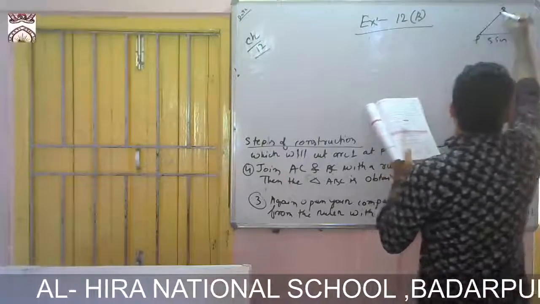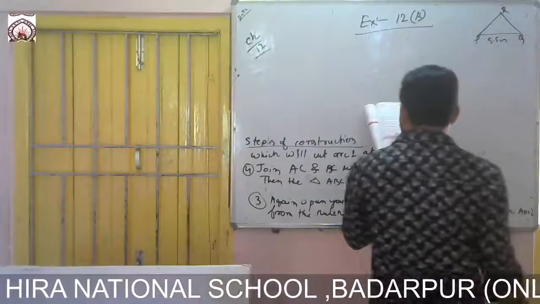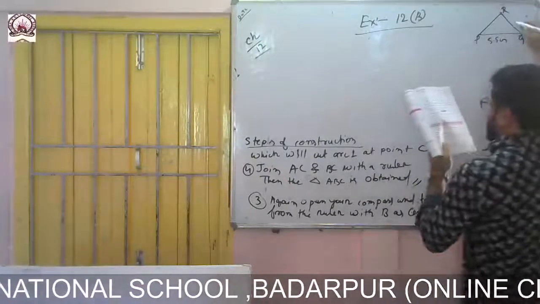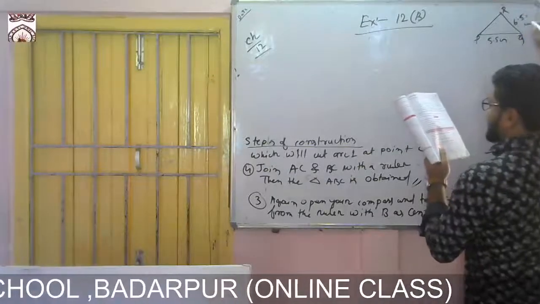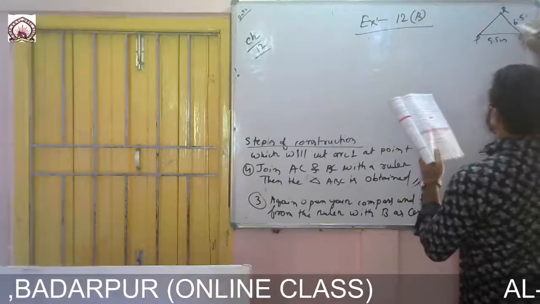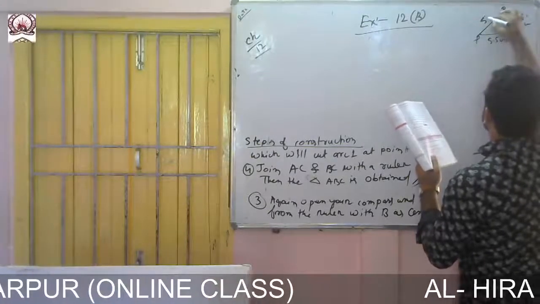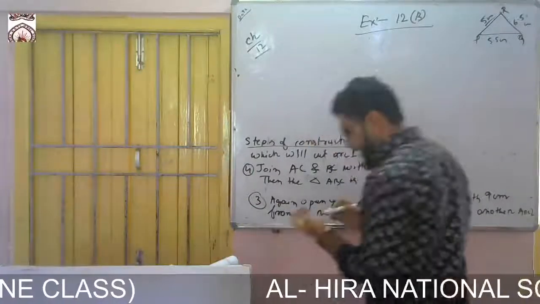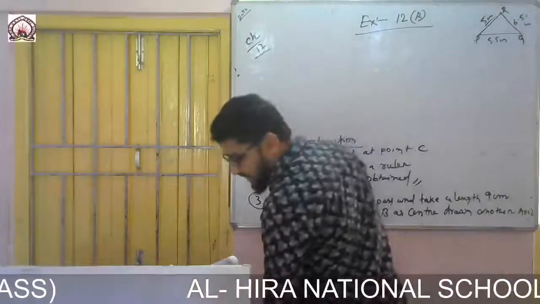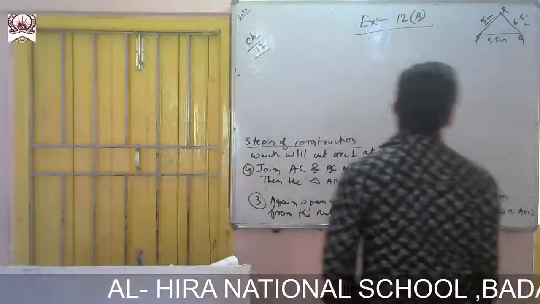We need to draw this triangle. QR is given 6.5, then RP is given 5 centimeter. With this we need to draw the triangle. So 5.5, 6.5 and 5.